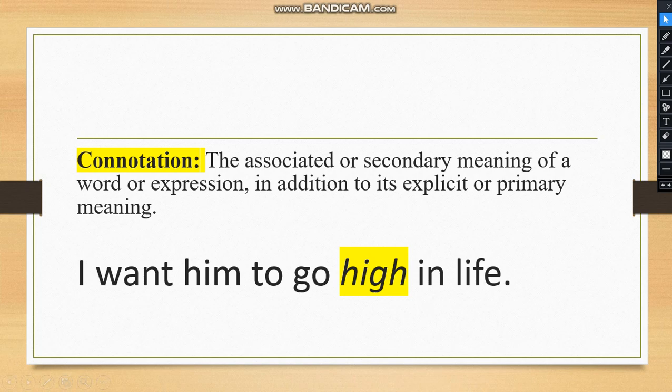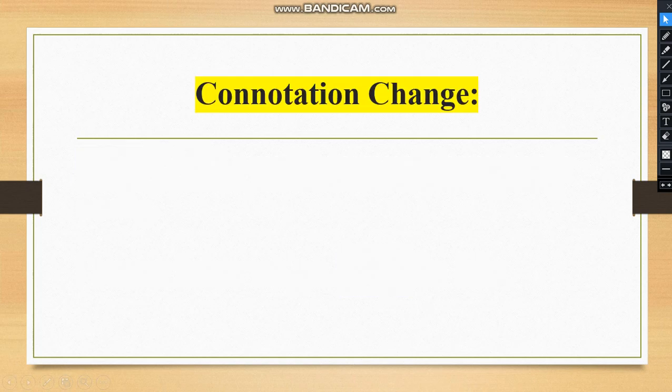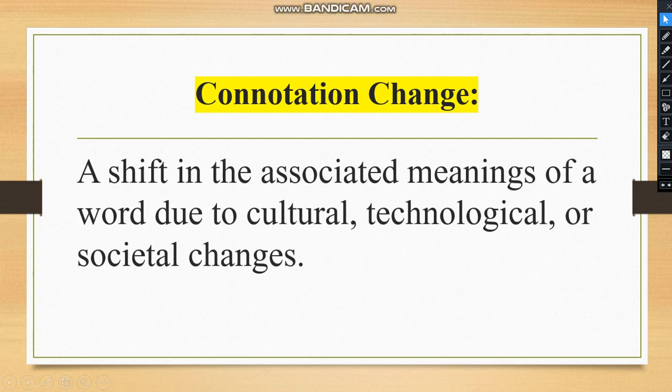Now moving on to the other terminology, that's connotation change. Connotation change refers to a change in meaning. Here is the definition: a shift or change in the associated meanings of a word due to cultural, technological, or societal changes.